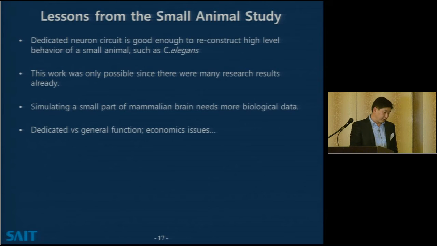And the one final lesson from this simulation is that this is a very dedicated neural network. 200 neurons can show this good behavior, but this is very dedicated. If you want to make some computer component, it has to show some general function. Because if you make a dedicated circuit for each different application, it is very time-consuming, expensive, and also costs a lot to develop. So it raises a kind of economic issue.